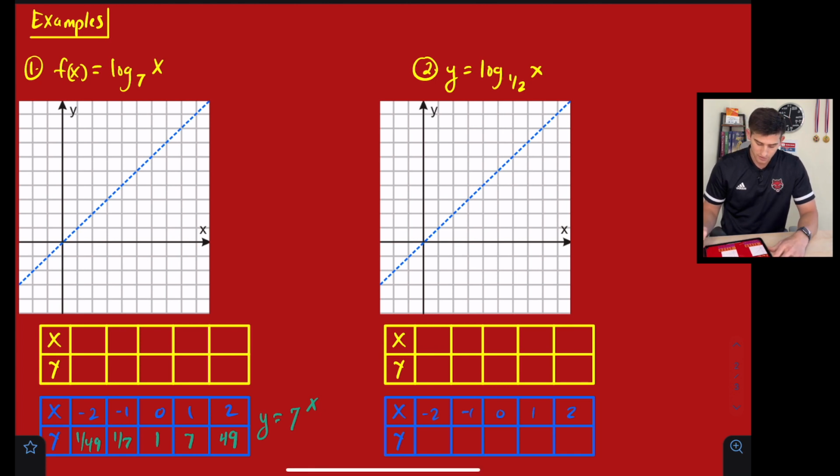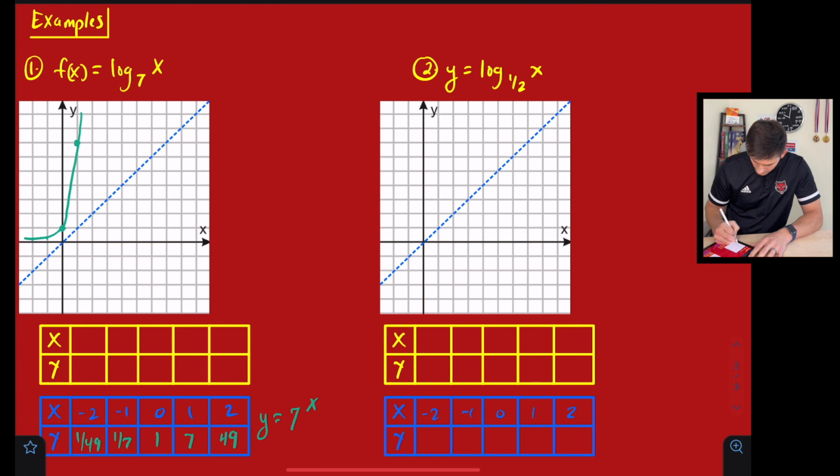Let's plot this really quick. Obviously 49 is not going to fit on my graph here, and my other points are really close to the x-axis. So my exponential would look something like this.